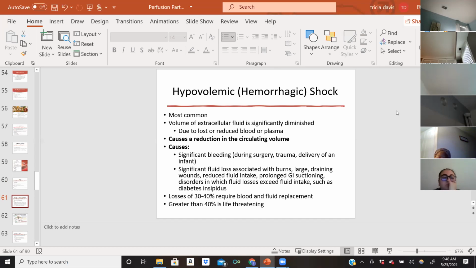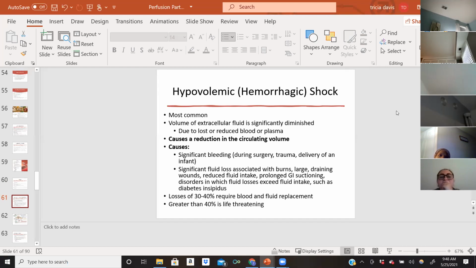So during surgery, any kind of trauma, delivery of a baby, significant fluid loss associated with burns, large draining wounds, reduced fluid intake, so dehydration, prolonged GI suctioning, so our NG tubes, disorders in which fluid losses exceed our fluid intake, such as diabetes insipidus.